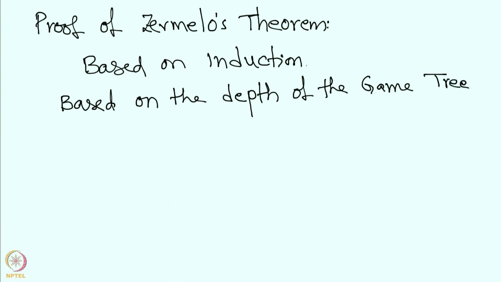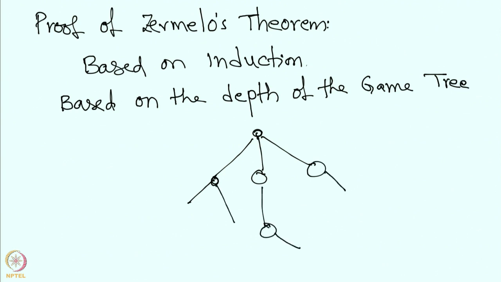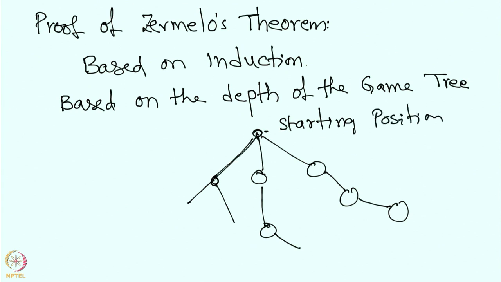So what I mean by depth of the game tree: suppose you take this, so if this is the starting position, here there are 3 possibilities, and then from here there are 2 possibilities, and then it ends at this terminal node.